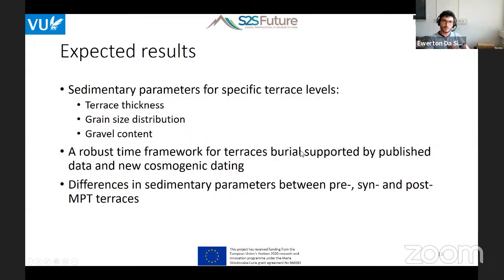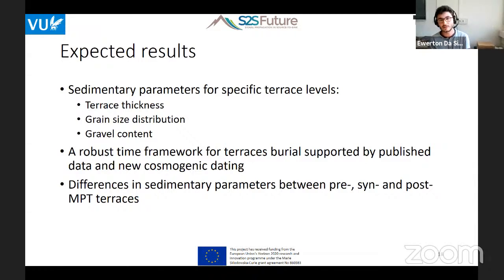This presentation was more to advertise what I'm doing, and not so much about showing results because we are still in an early stage of this research. But by applying this method, we expect to find different parameters for the terraces according to the time when they were formed.